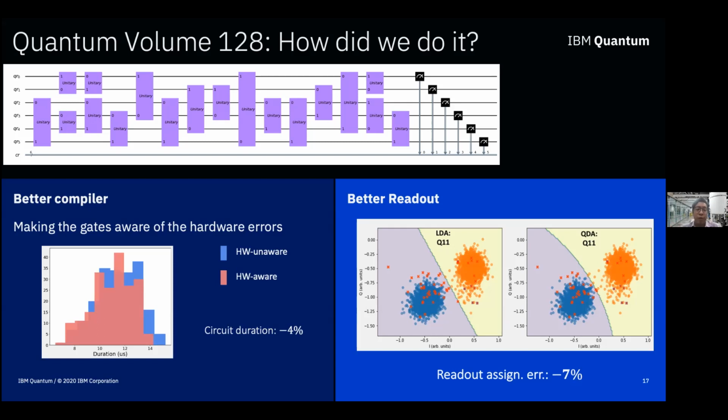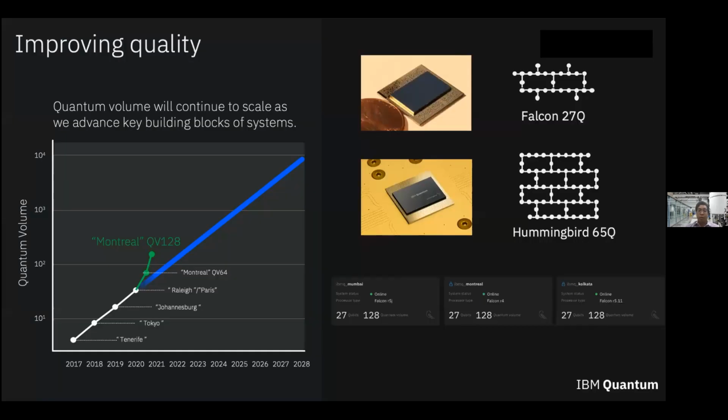So driving towards some type of better discriminant analysis of the readout states allows us to boost the readout fidelity even better, and then that allowed us effectively the same device to hit quantum volume of 128. And so our roadmap you can think of as driving two fronts, right? There's the front that is pushing on scalability and the number of qubits so that we are driving new technological advancements. And that is happening effectively in parallel with our quality roadmap.